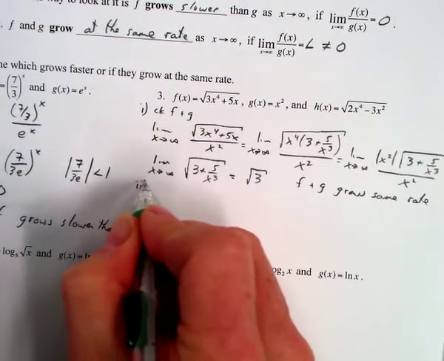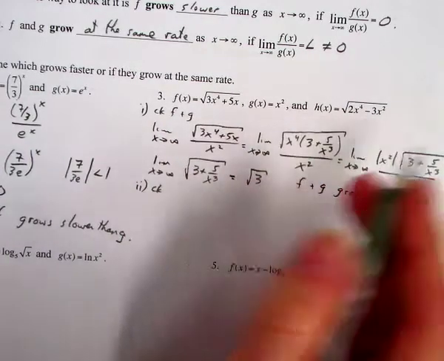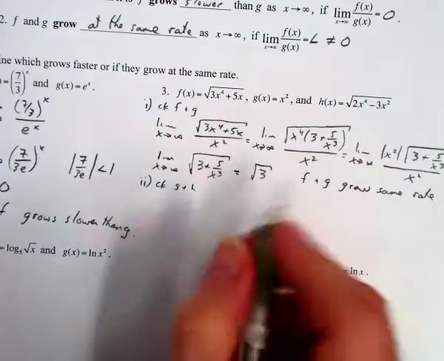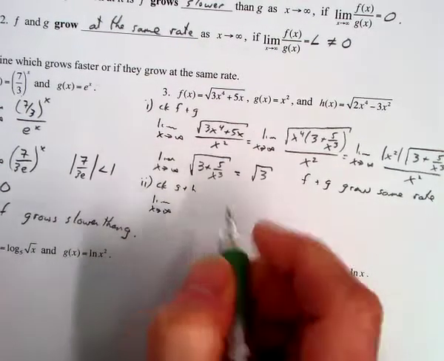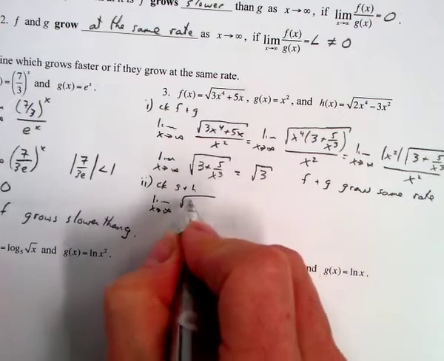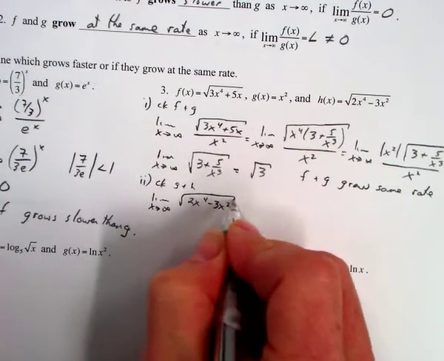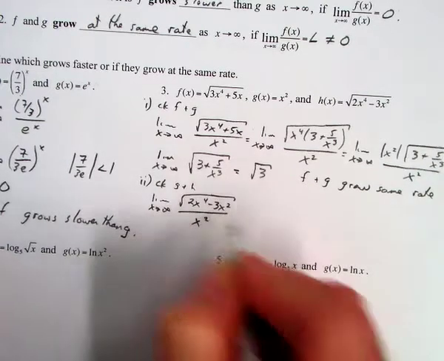Let's look at, we can compare f and h, or we can compare g and h. G and h looks easier, so let's go ahead and do that one. So we'll have the limit as x goes to infinity of the square root of 2x to the 4th minus 3x squared divided by x squared.